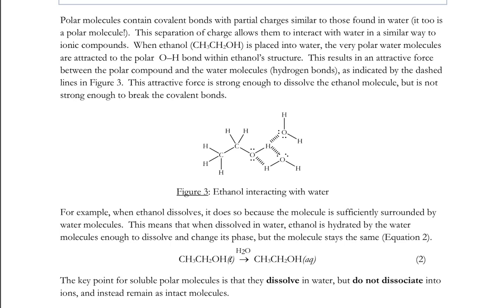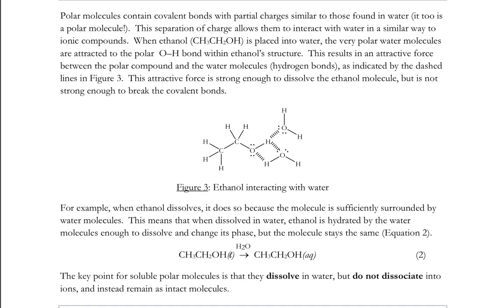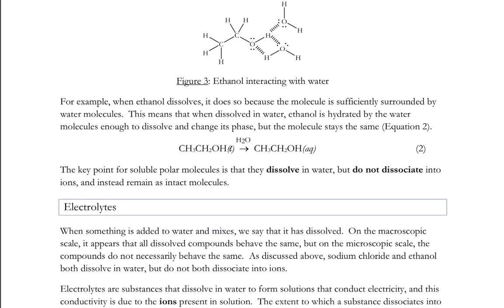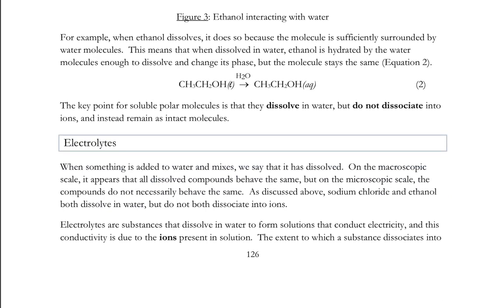The O has a partial negative charge, the H has a partial positive charge. The H of ethanol likes the O of water, the O of ethanol likes the H of water, so it fully dissolves. And we see that reaction as CH3CH2OH liquid in water forming CH3CH2OH aqueous.